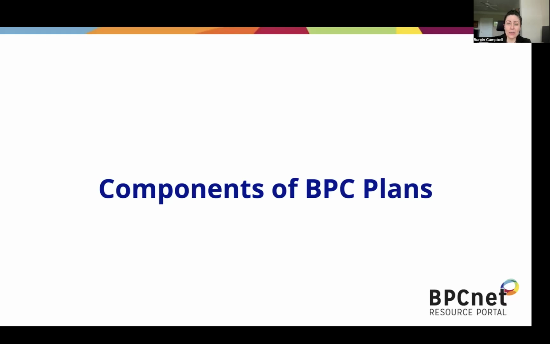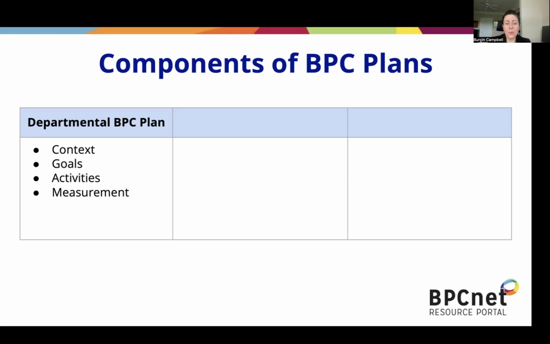All right, now that we covered the general types of BPC plans, let's look at what goes into a BPC plan. Starting with departmental BPC plans, these plans generally have 4 components. The context section describes the context of a department.